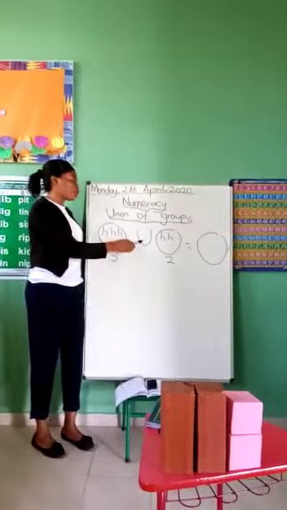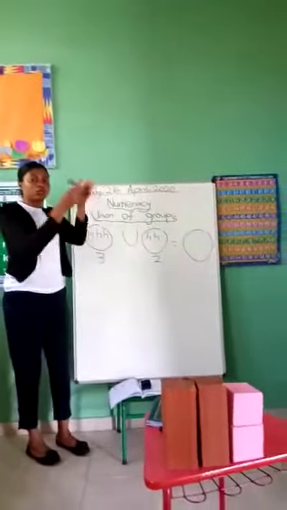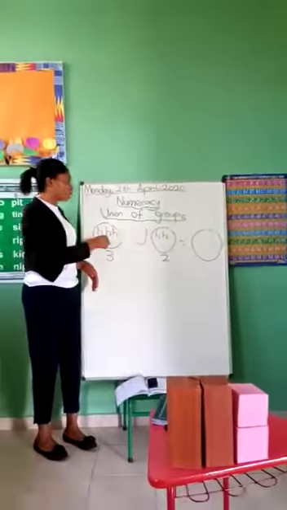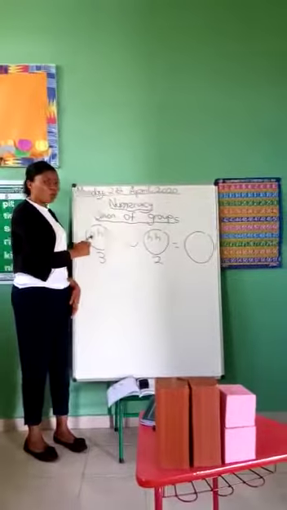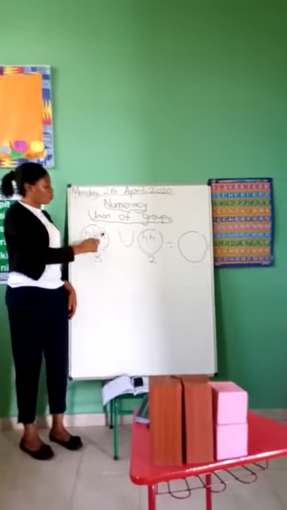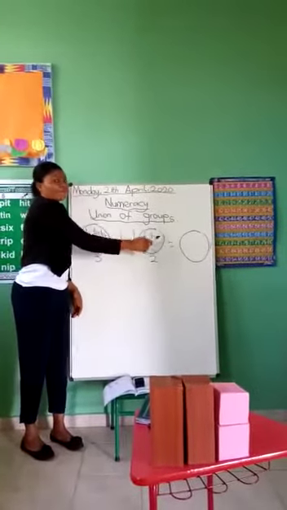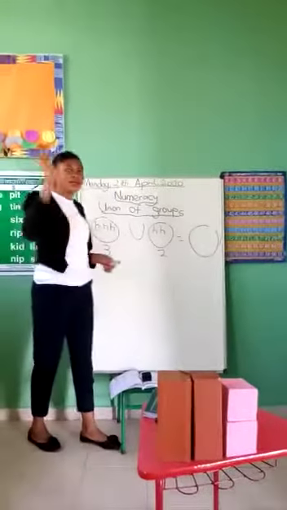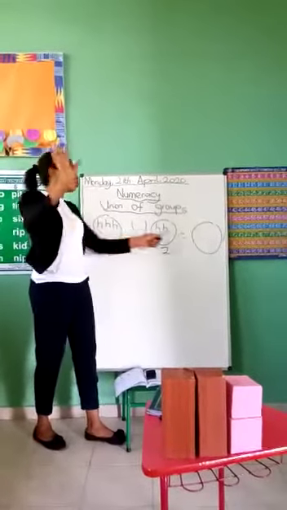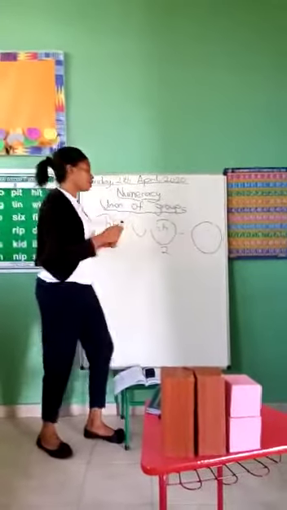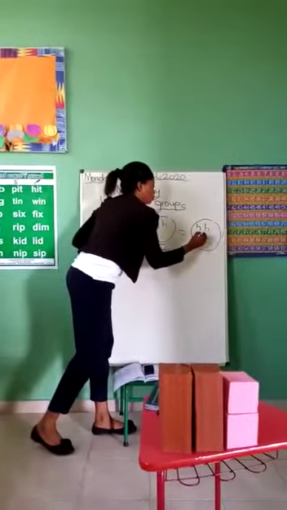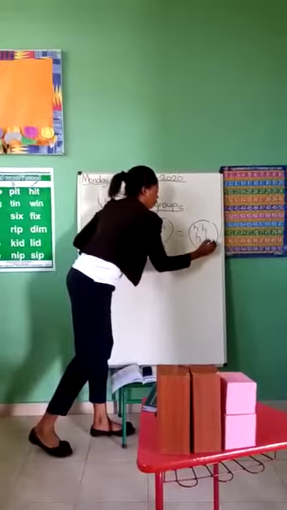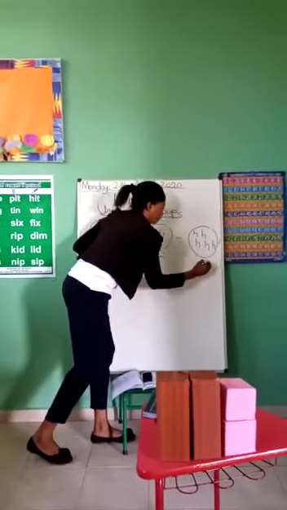Now we said union means what? You putting something together. So we have to count this and this. We have to put them together. Okay, so let's count. 1, 2, 3, 4, 5. So we have how many? 5. So you're supposed to draw 5 chairs here. 1, 2, 3, 4, 5.